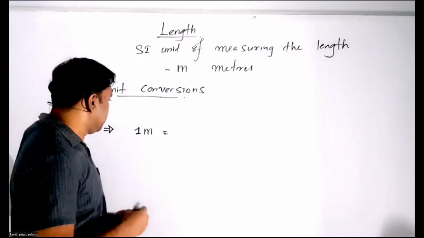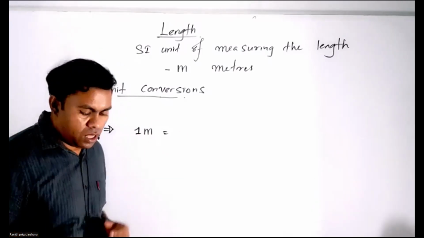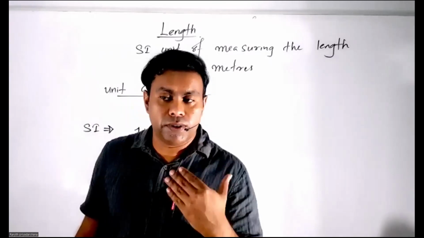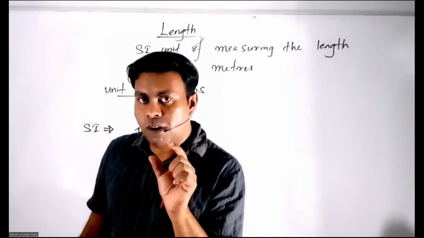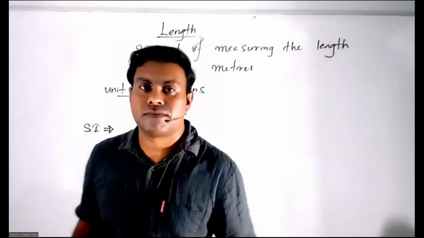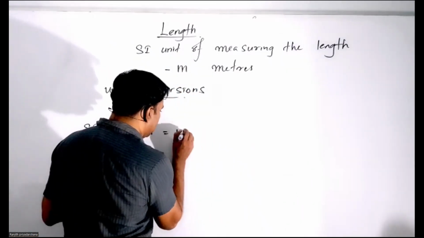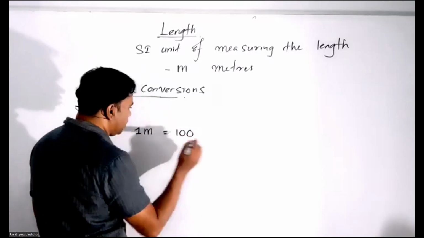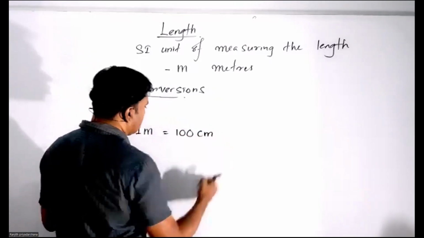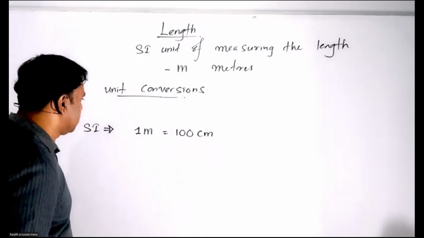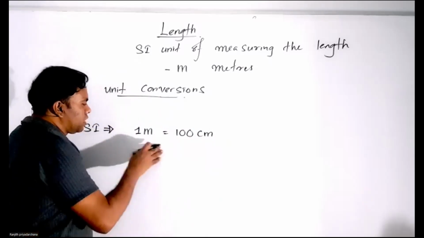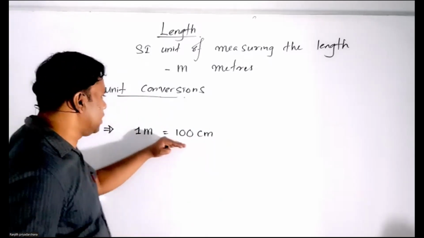What is the next respective, the next small unit in this meter scale, subunit? Centimeter. How many centimeters equal 1 meter? 100 centimeters. Good. This is the relationship between a meter and the nearby centimeter.